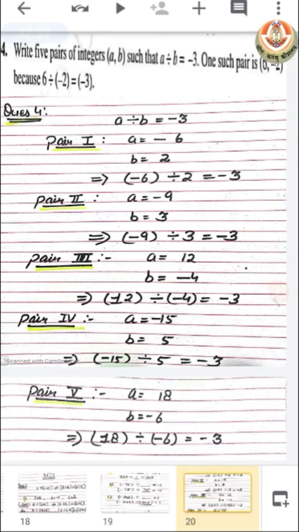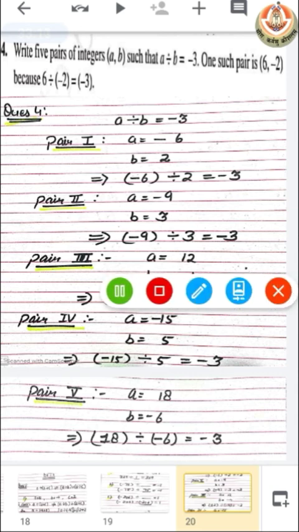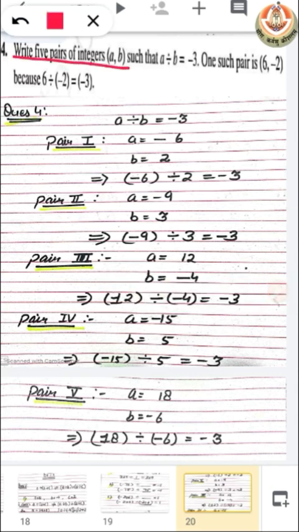Let's move on to part 4, which is to write 5 pairs of integers such that the condition is this. That means when we divide the first number by the second one, the answer should be -3.